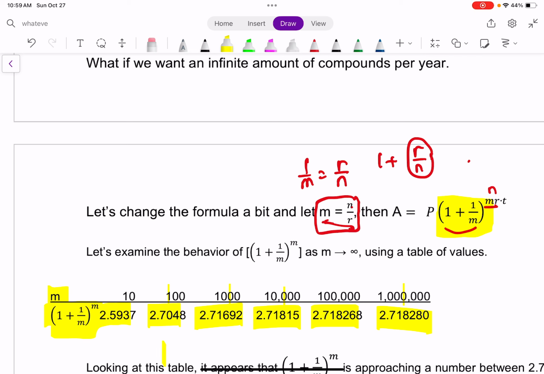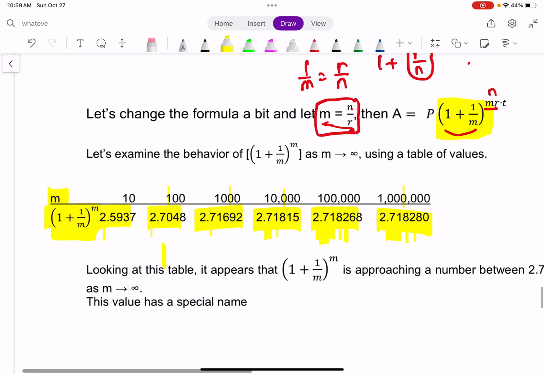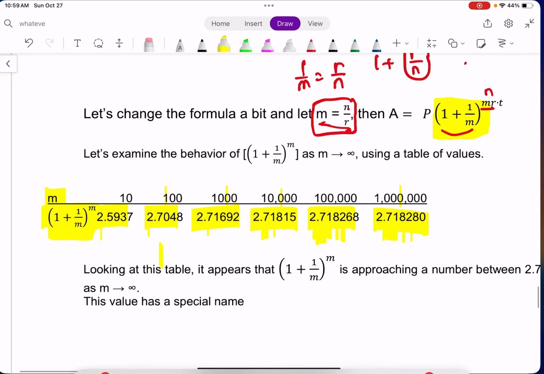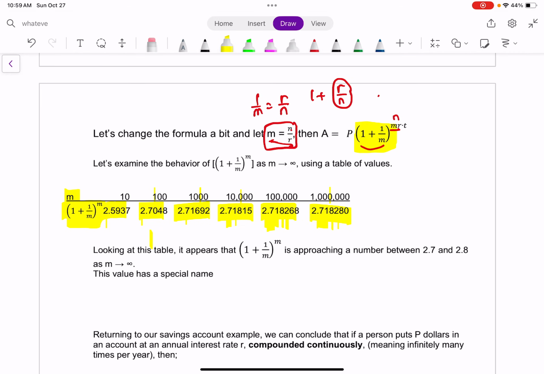So you see the 2 repeating, 2.7, 2.71, 2.718, 2.7182. So these values get more and more towards one number. It's a value between 2.7 and 2.8. This value has a special name, and its special name is e. So e is this 2.71828, by the way, and so on.